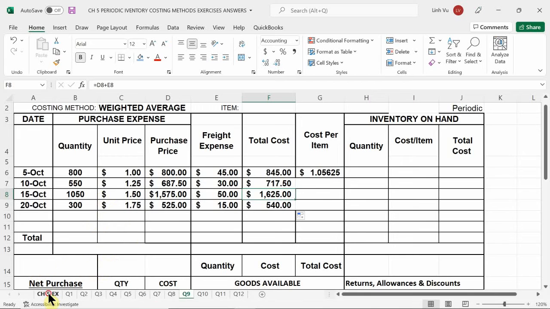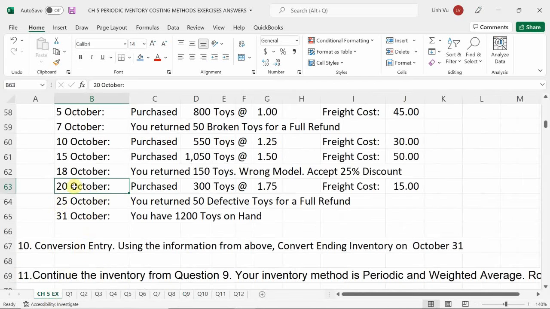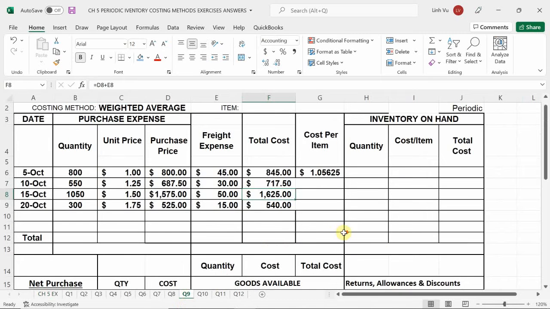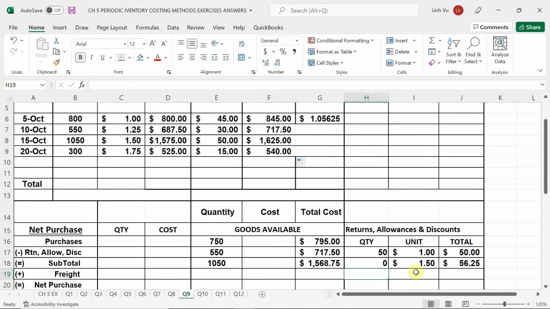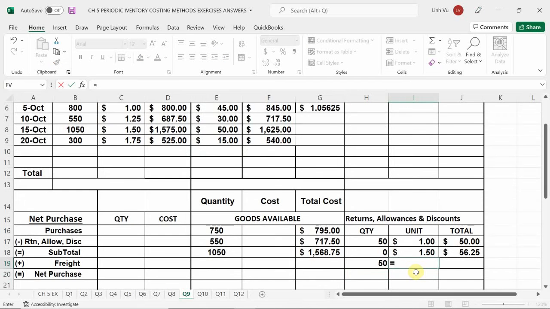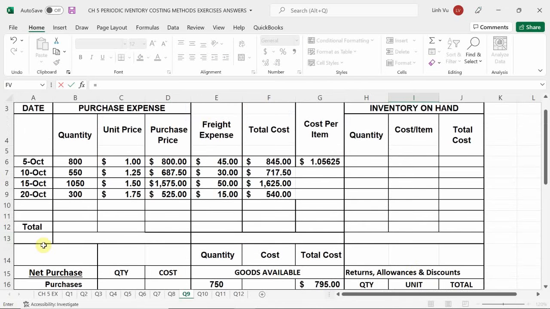Okay. And on the 25th of October, you end up returning 50 defective toys for a full refund. So in this case, they end up giving you broken toys, which you can't sell. So you asked for a full refund on those 50 toys. Okay? Because I'm actually going to be returning the product, at what unit price did I purchase this last batch of inventory? 1.75.